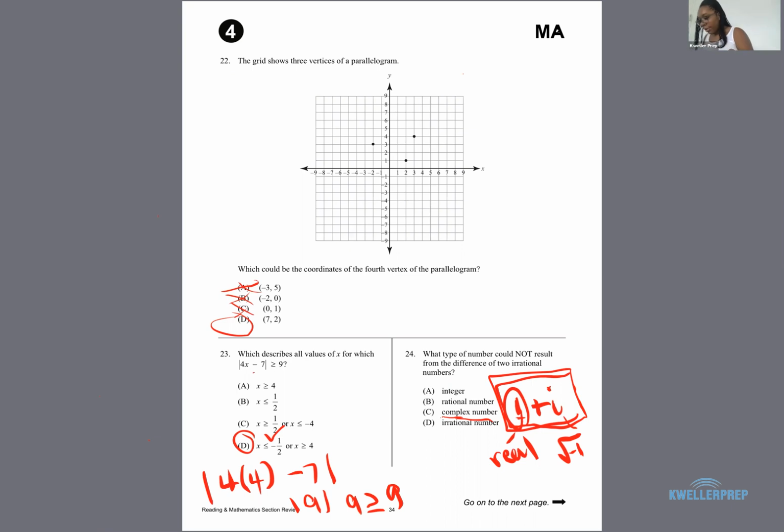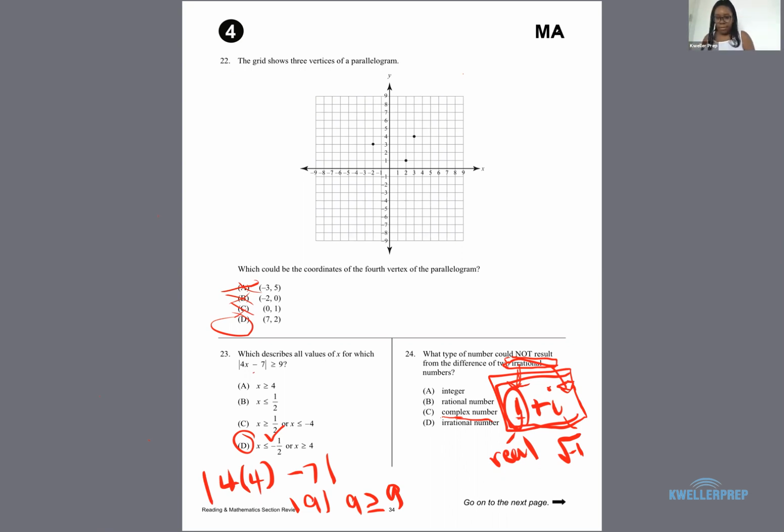Now, the reason that you can't form a complex number by subtracting two irrational numbers from each other is because irrational numbers, while they can be real, cannot be imaginary because imaginary numbers don't exist. The square root of -1 does not exist.